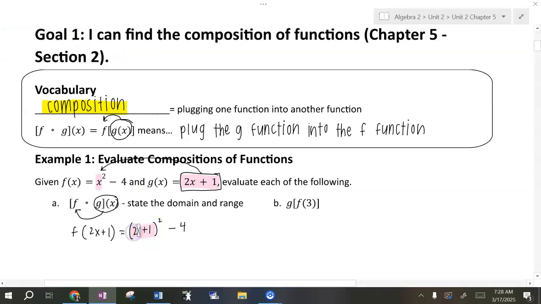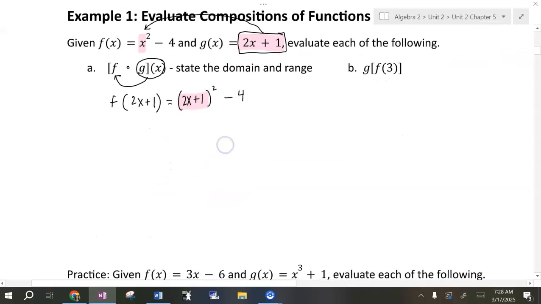Once you have it set up, now you just have to simplify it. Think of PEMDAS. You can't really do anything in the parentheses, but you can evaluate the exponent. To square it, we take 2x plus 1 and multiply it by itself, 2x plus 1, and bring down the minus 4.